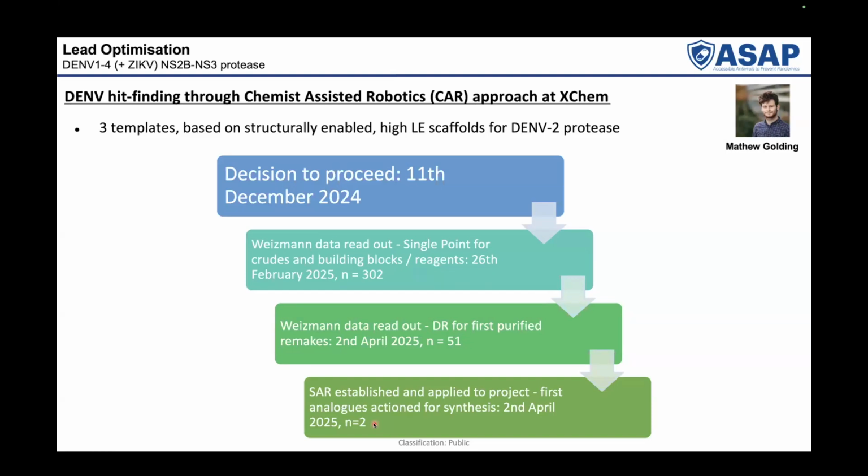This was approximately 3 months, if you consider the December Christmas break and New Year break, etc. This was a quick turnaround to get from designs to readouts. I'll just mention Matthew Golding, our chemistry technician, was very much involved with this and helped drive the rapid turnaround of the synthesis. And of course, there was a massive collective effort from the XChem team, who also looked at many hundreds of structural data sets for this project.